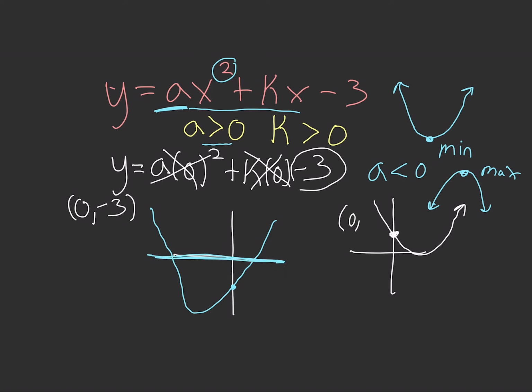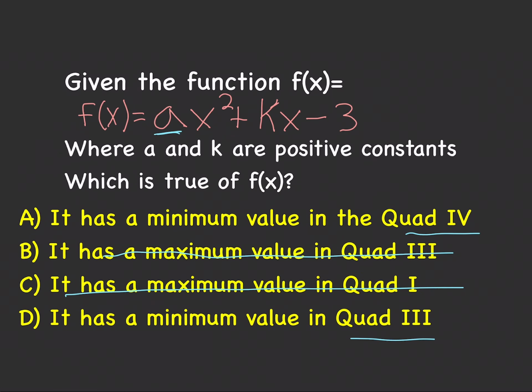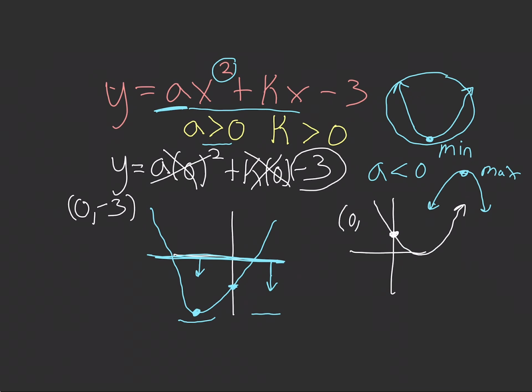If I am looking for the minimum value, and this is a point below 0 but isn't even the lowest, the vertex is down here or it could be over here. I know that the vertex, and therefore the minimum value of this graph, is below 0. I don't know right now whether it's in the third quadrant or the fourth quadrant. And here we have a choice between third and fourth. So I need to do a little bit more to this one.